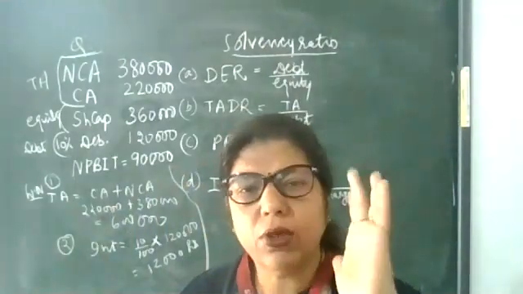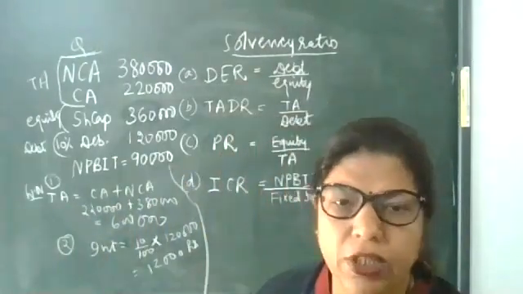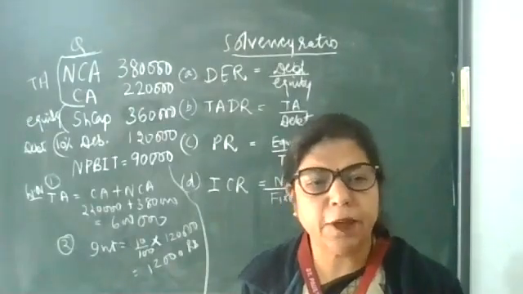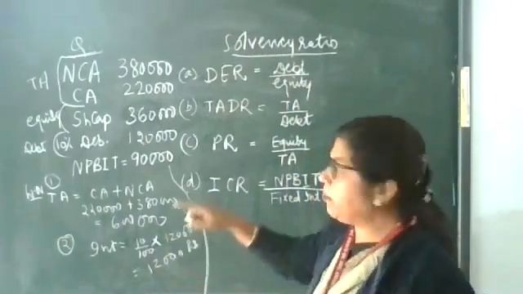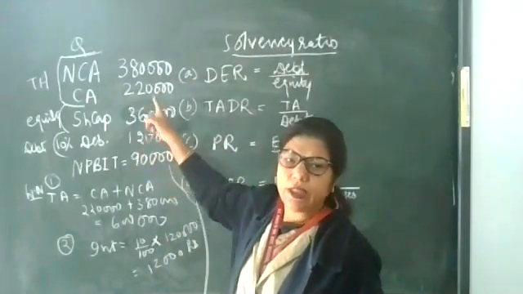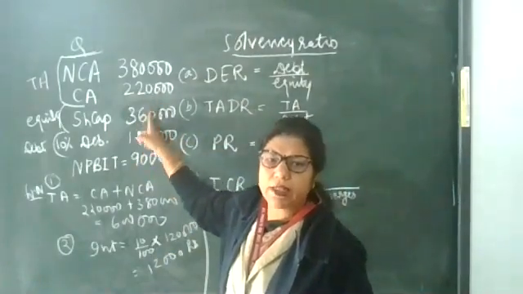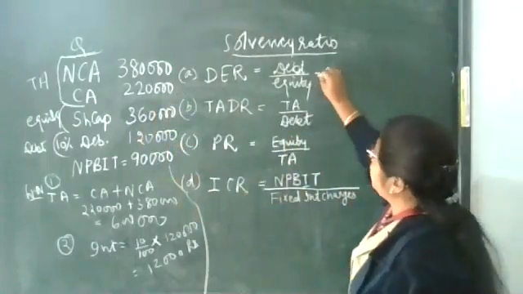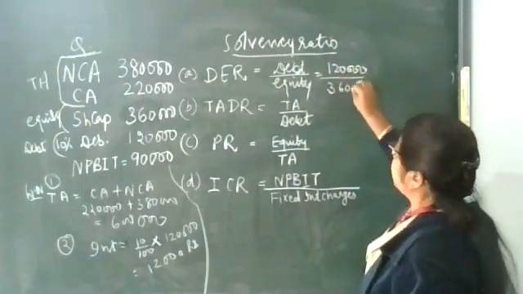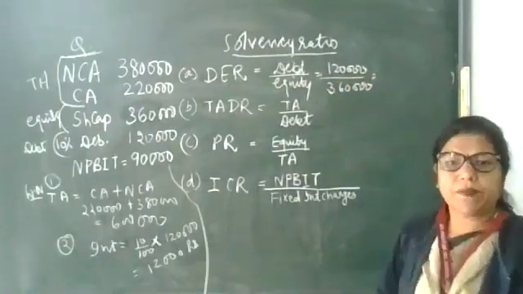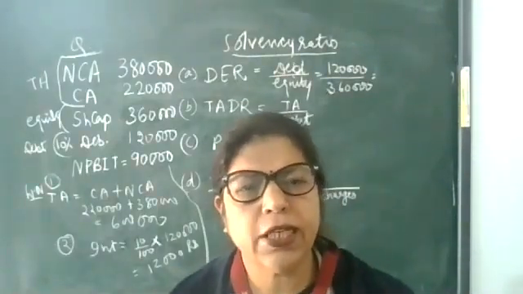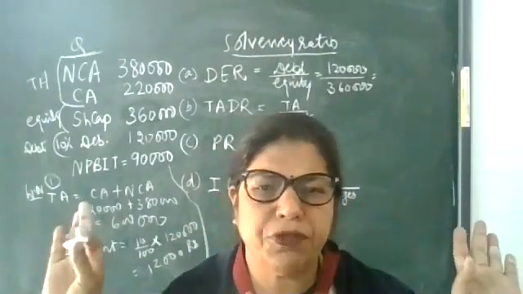Don't copy it. Look at the board, then you will be able to understand. Debt equity ratio is equal to debt upon equity. See, my dear children, debt is 1,20,000, equity 3,60,000. So here 1,20,000 upon 3,60,000. Agree? No problem. What we have to do? Just put the value in the formula.